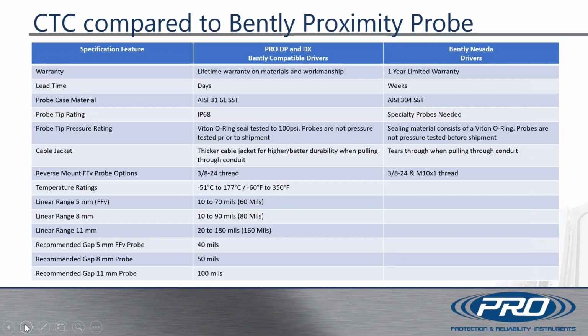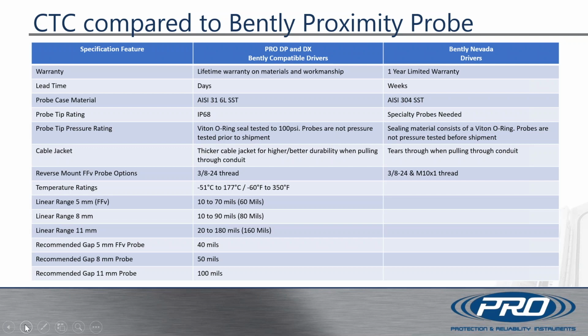There are a lot of advantages that CTC has over the Bentley Nevada compatible proximity probes. We offer a lifetime warranty on materials and workmanship on all of our products, while Bentley offers a 1-year limited warranty.